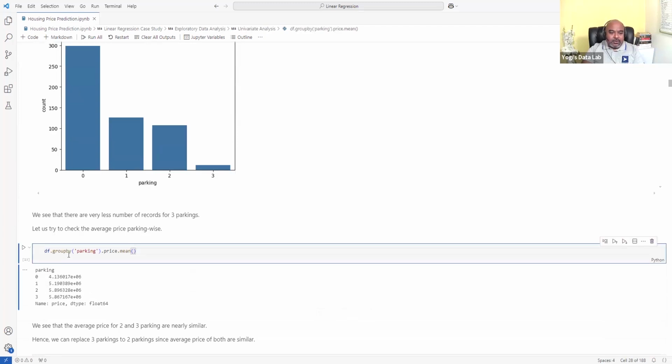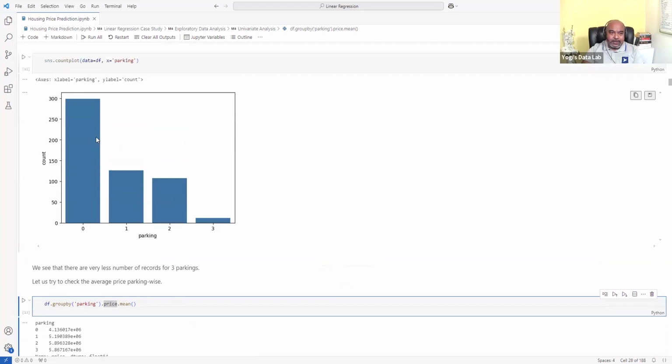We will try to do a group by of parking to calculate the mean of price. The purpose why we are doing this is, if you look at the distribution of the data in parking here, 3 is a very small amount. So statistically, the contribution can be very less in this part.